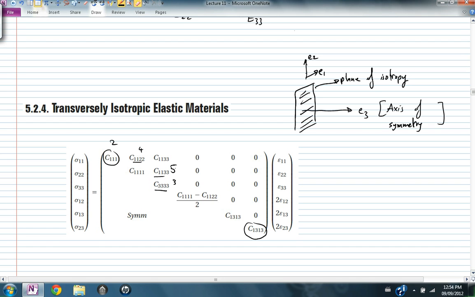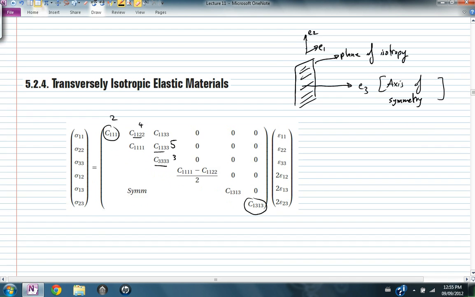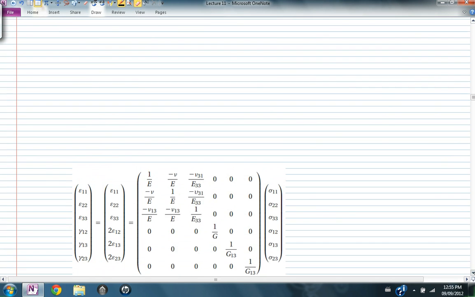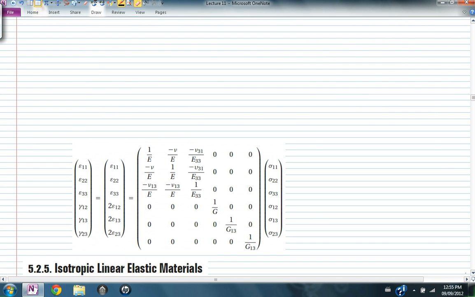So I'm going to have to take this material to the lab. If I know that it's already a transversely isotropic material, I have to do 5 different experiments to find 5 different constants. 1 for shear, 1 for Young's modulus in a certain direction, and 1 for a different Young's modulus, and so on. So 5 different experiments to find those 5 different constants, and those 5 different constants can be given as follows.